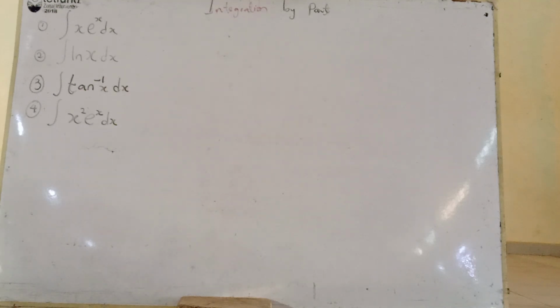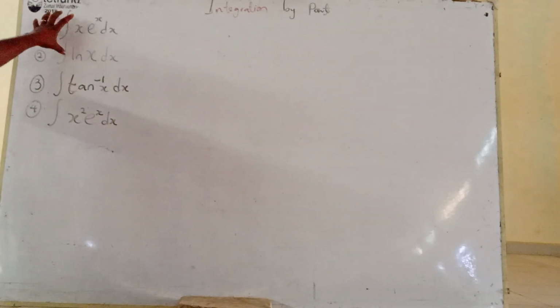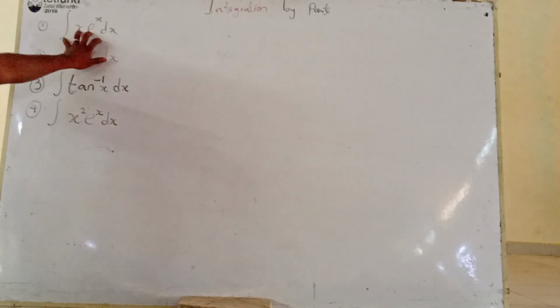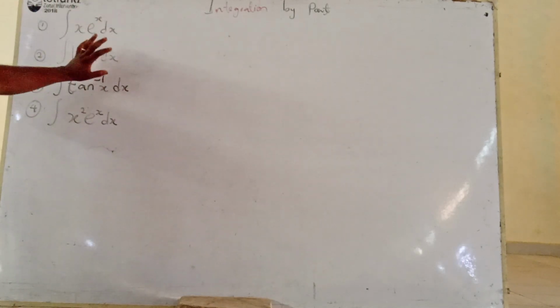Good. So if you have these integrals to work with, you must use the concept of integration by what? By parts. And I told you guys that the only way you can integrate these two, you know this is two functions together.